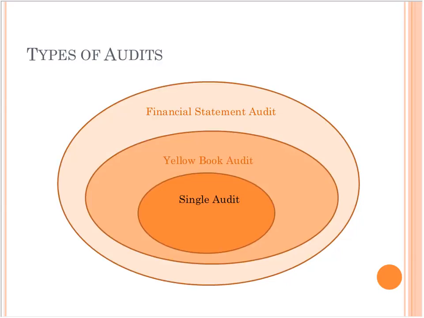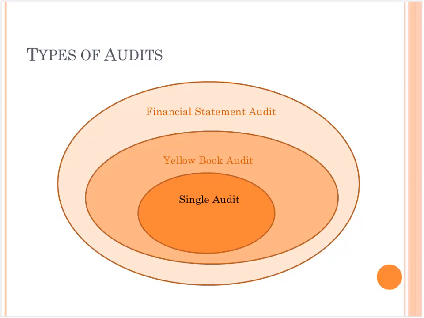And finally, the single audit, the topic that most of us are most familiar with. As community action agencies, we typically receive enough federal and/or state funding that we are required to have a single audit. This is under the auspices of the Office of Management and Budget, the OMB, Circular A-133. If you've heard of that, it is the definition and clarification of what makes up a single audit.